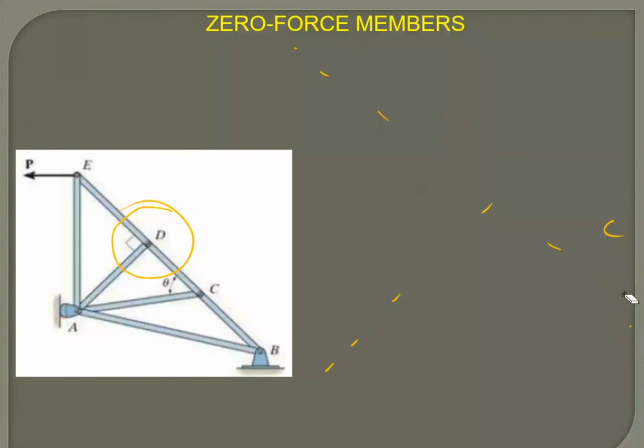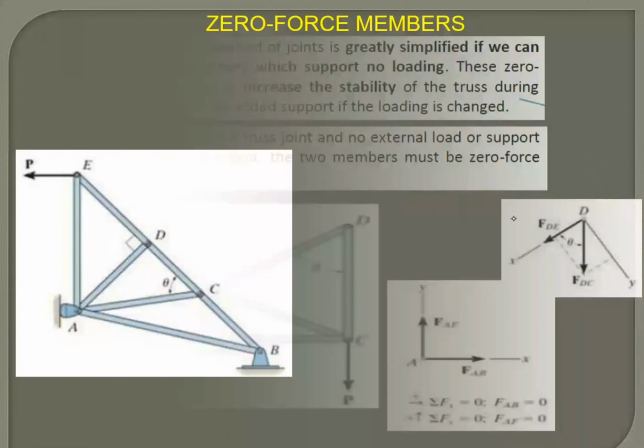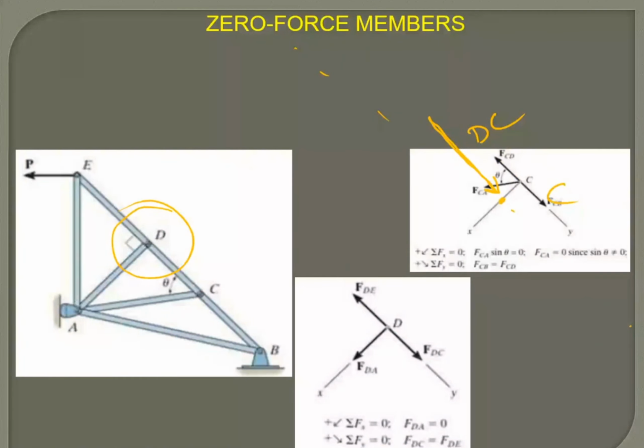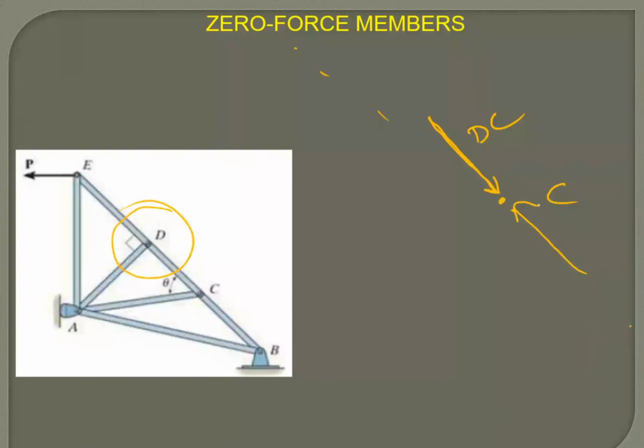Let us look at C. Let's draw the free-body diagram of pin C. Maybe there's some mistake here that it's a zero value coming out. Let's analyze C. On C, I've got a member here, which is DC. I've got another member here, which is BC, and I've got a slanting member here, which is CA.